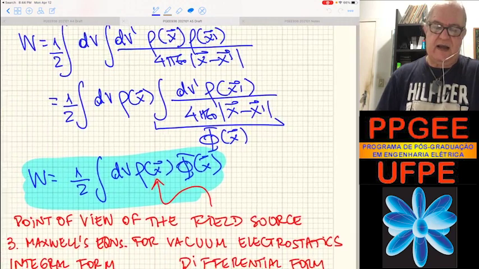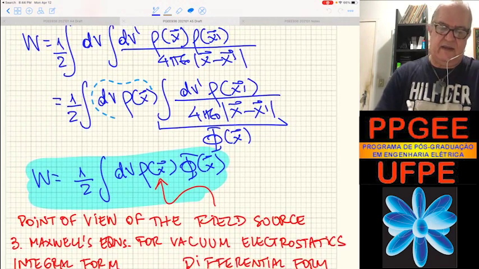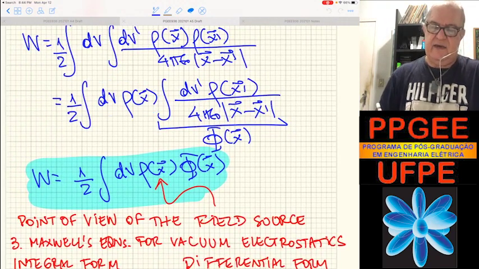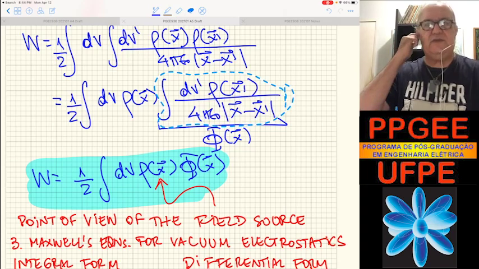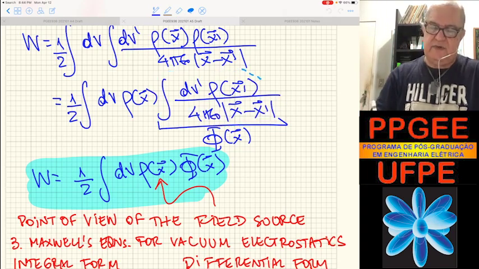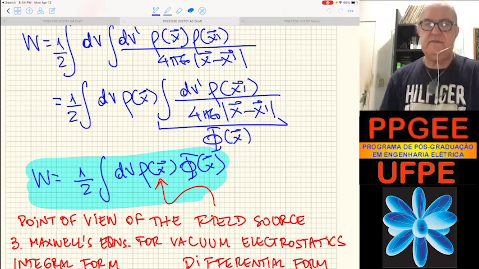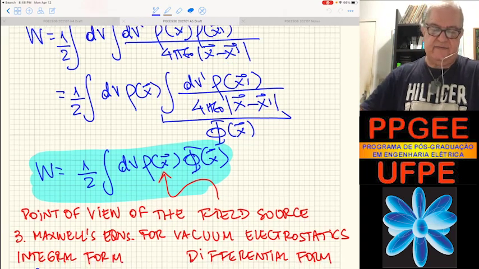So you can factor out this rho dV outside. Then you have one factor which you can identify as the potential at point x due to the charge distribution rho of x prime. So that's what you have.